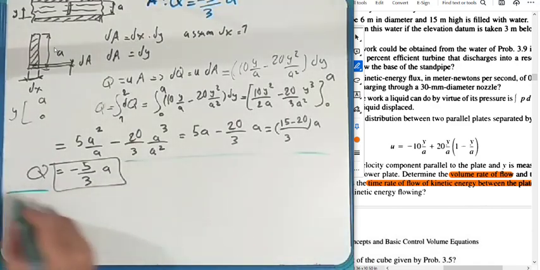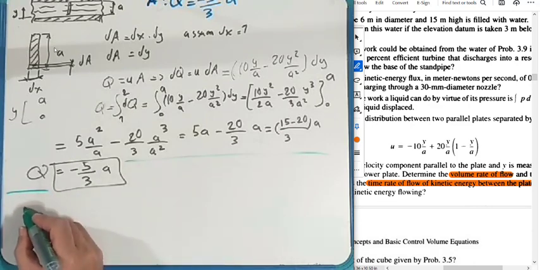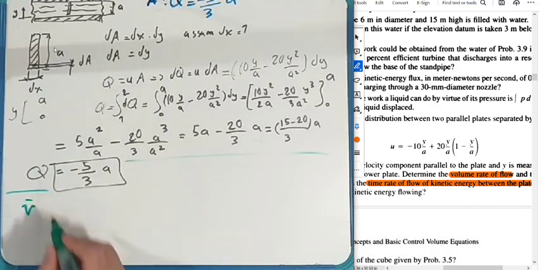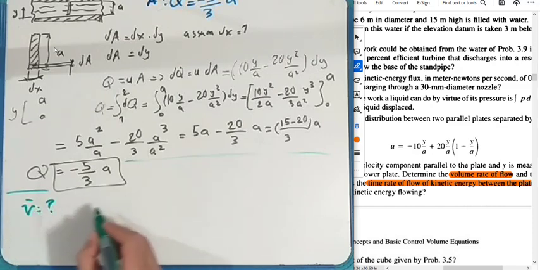Then I want to find the average velocity. I will show it with v bar. I have this equation.